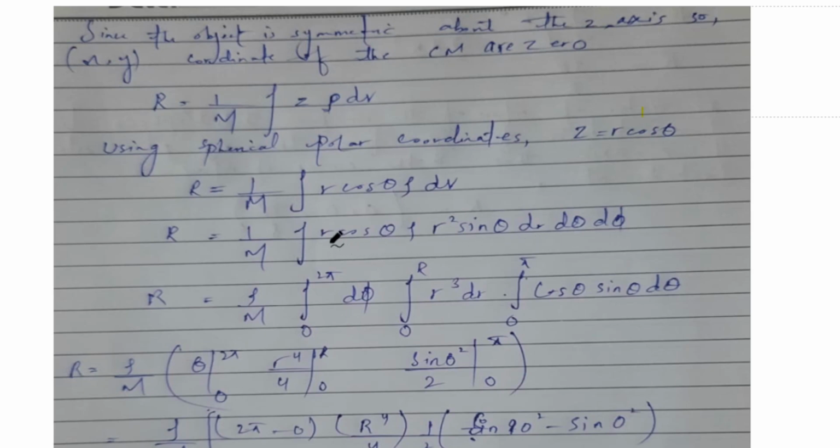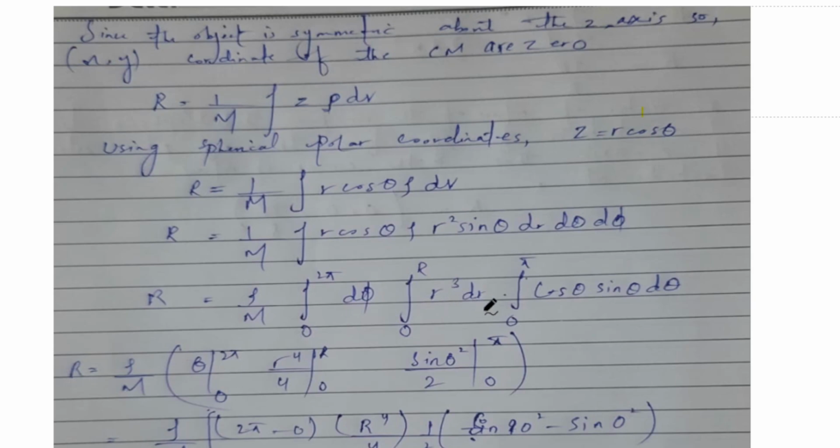Now you have to multiply the same quantity, so r cube, and the remaining terms remain the same. So you have to separate it and apply the integral on separate entities. And this is the azimuthal angle, which is from 0 to 2 pi, and further the r cube, this is from 0 to capital R, which is the radius.